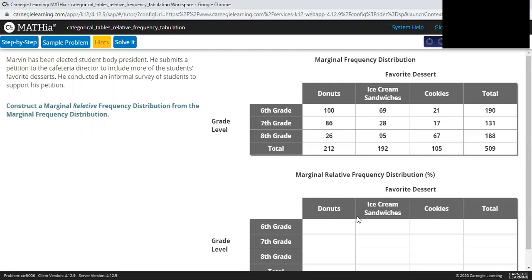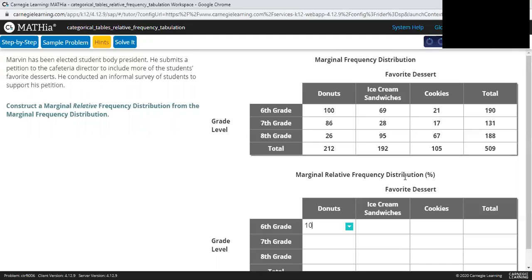So I'm going to first look at our 6th graders and donuts. 100 6th graders prefer donuts, and that 100 6th graders is out of our grand total of 509 students in this middle school.